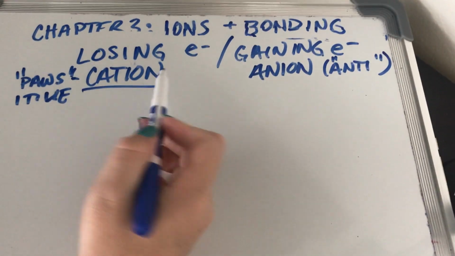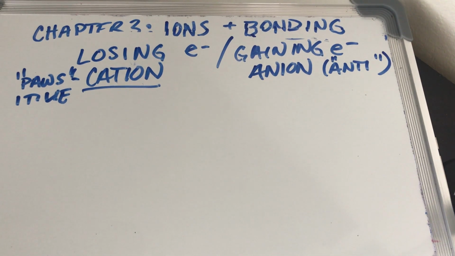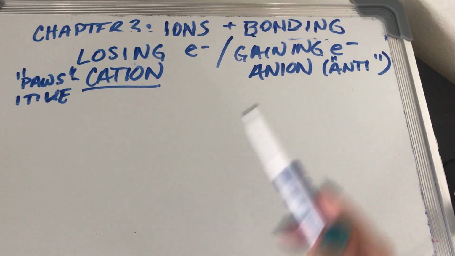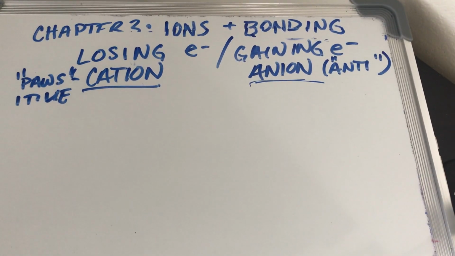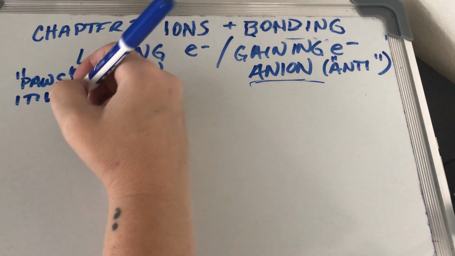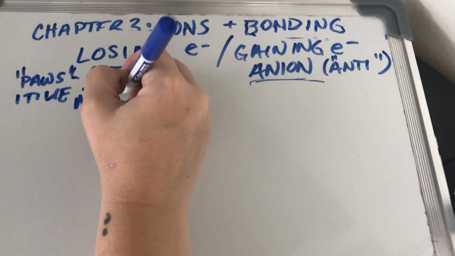Cation. And the negatively charged is anion, right? And we said, who likes to lose electrons? Metals, right? Who likes to gain electrons? Non-metals. That's right.